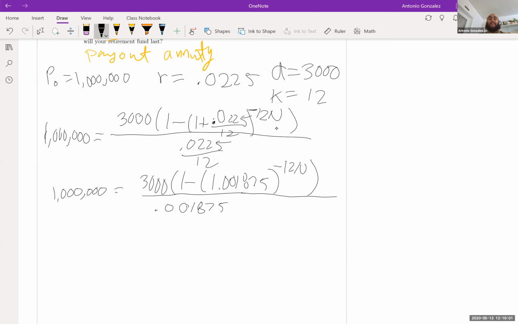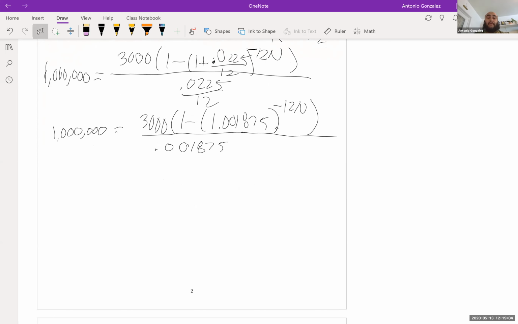Okay, so that is my first step, right? Just doing the r over k calculation, adding it to 1 in the numerator, and just writing whatever I get for r divided by k. All right. So from here, again, my goal is to solve for that value of n.